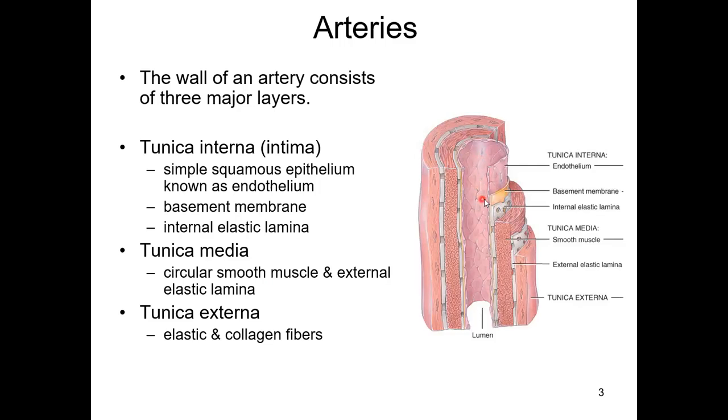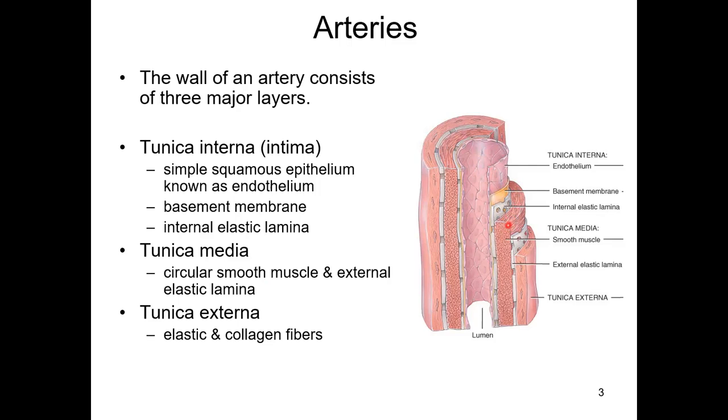Just outside of the endothelium, there's this internal elastic lamina. This is one of the layers that provide elasticity to arteries. These two layers, endothelium and internal elastic lamina, form the tunica interna. When we go a little bit further outside in this wall of the artery, we find a thick layer of smooth muscle.